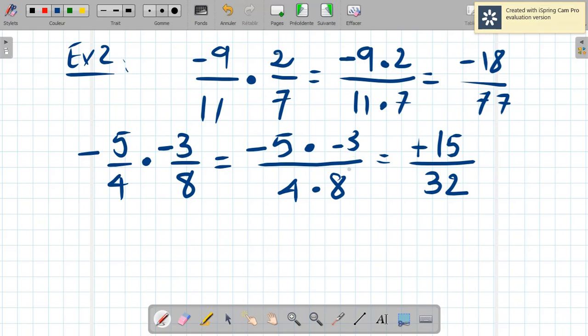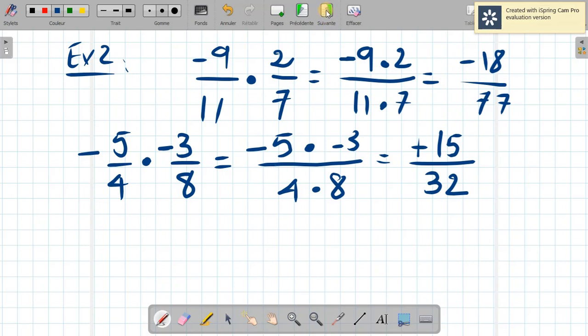So this was about multiplication. Whenever you multiply a rational number by another rational number, you multiply the first numerator with the second numerator over the first denominator times the second denominator.